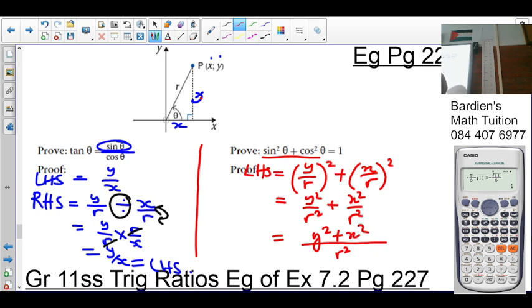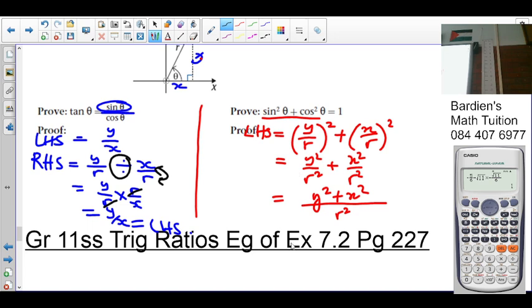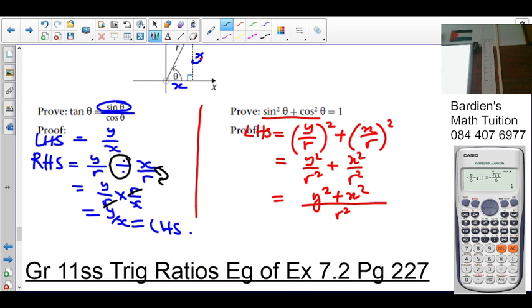But now you know the Pythagorean theorem. If I apply the Pythagorean theorem here, in terms of r, x and y, it will be r squared equals y squared plus x squared. Your hypotenuse squared is equal to the sum of your other two sides squared.